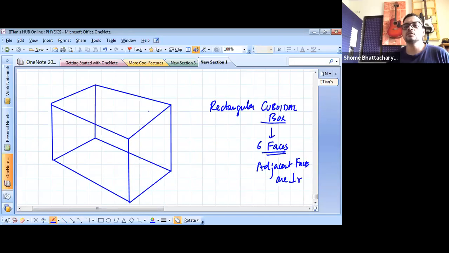Now, in this box, visualize as if one of the corners is your origin. This corner is becoming your origin, let's say. And now each of these is your axis. So visualize this edge is becoming our x-axis. It's our positive x-axis.